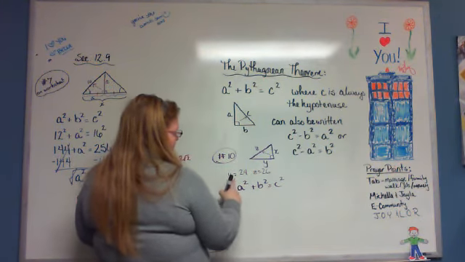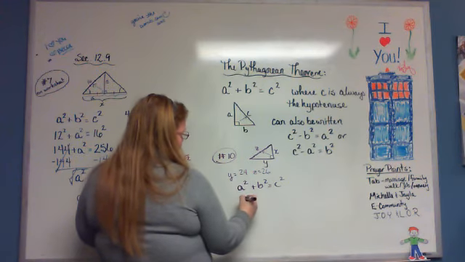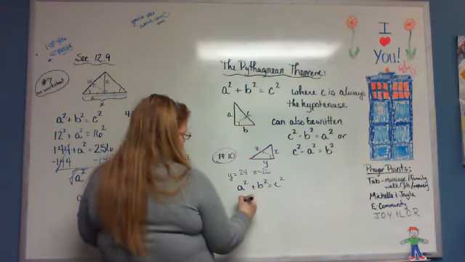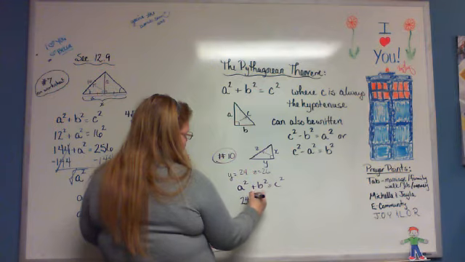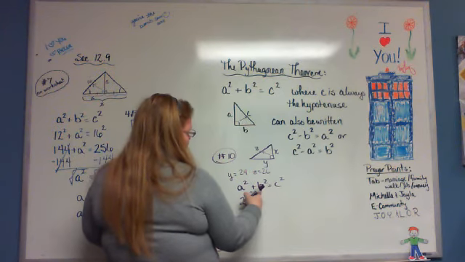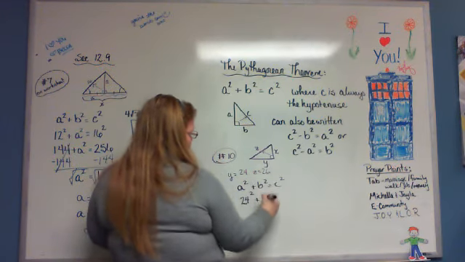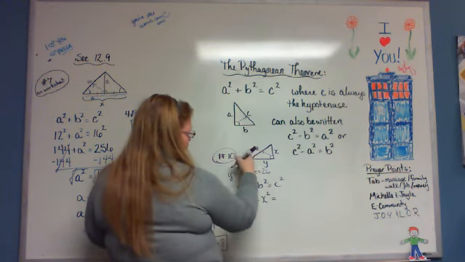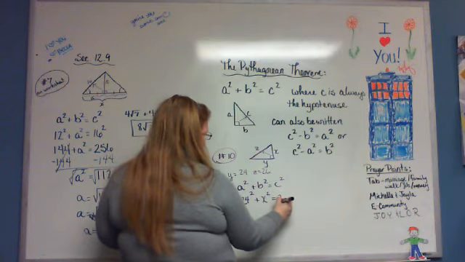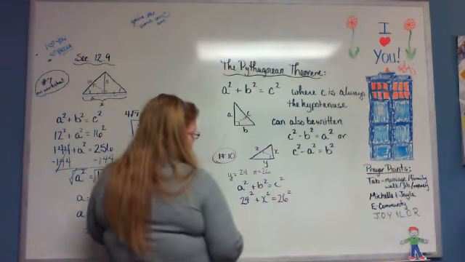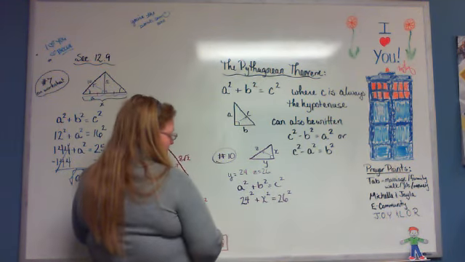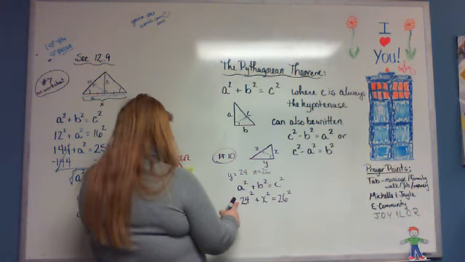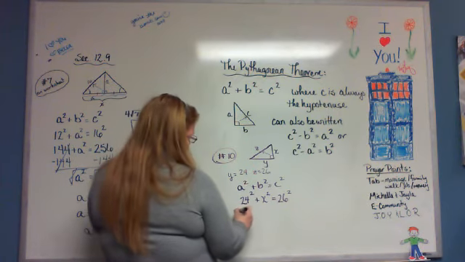A squared, we're going to let be 24. So that'll be 24 squared plus B has to be our X, so that's X squared, equals C has to be our Z, which they said was 26 squared. 24 squared is 576, I know, because I used a calculator to get it.